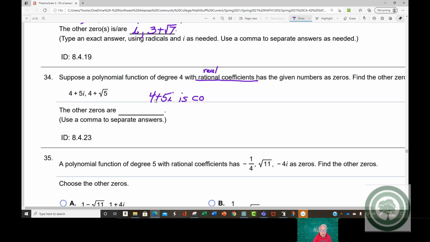So you can't have a non-real number without its conjugate if you want to have real coefficients. See, zero. I wanted to write zero there. Is complex. That's what I wanted to write. So its conjugate is 4 minus 5i.